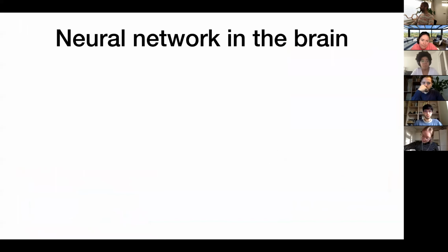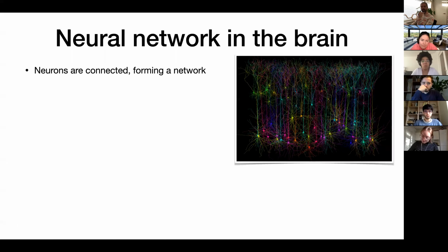So if we look at how the neurons function as a neural network inside the brain, they are all connected. So they're forming a network, right? The input of one neuron is the output of another, and so forth.